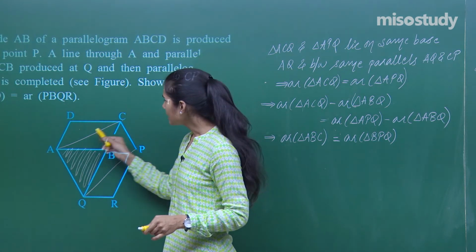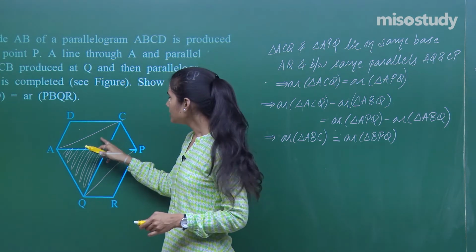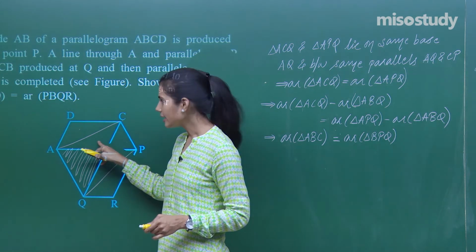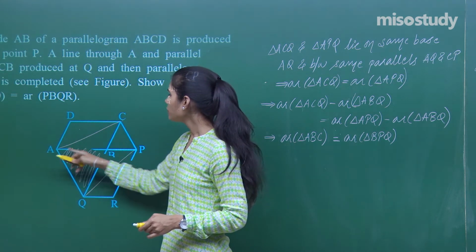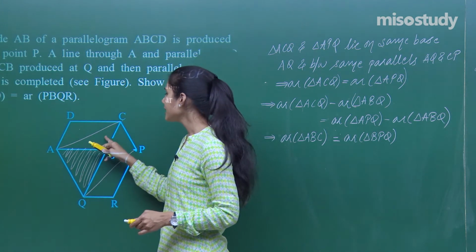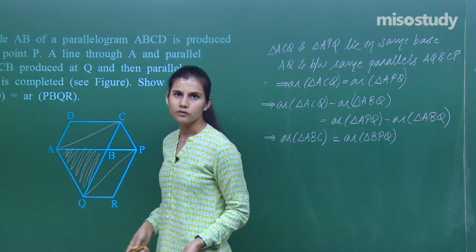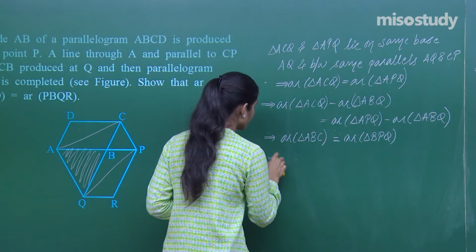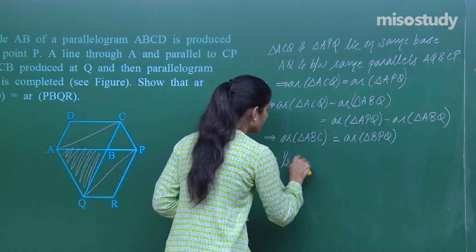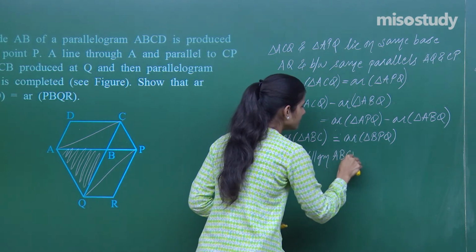So I can say diagonal of a parallelogram divides it into two triangles of equal areas. So this triangle will have area equal to this triangle, right? And therefore I can say area of this complete parallelogram is twice the area of the triangle ABC, or area of triangle ABC is half of the area of the parallelogram ABCD.